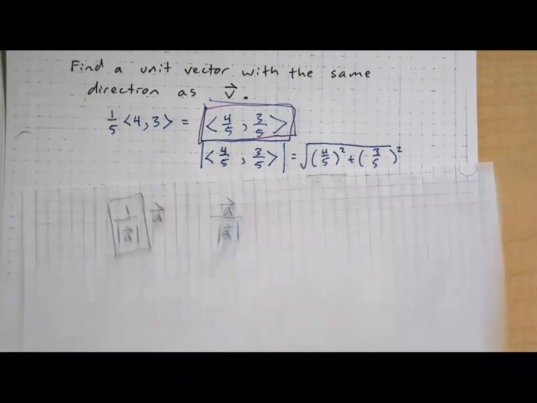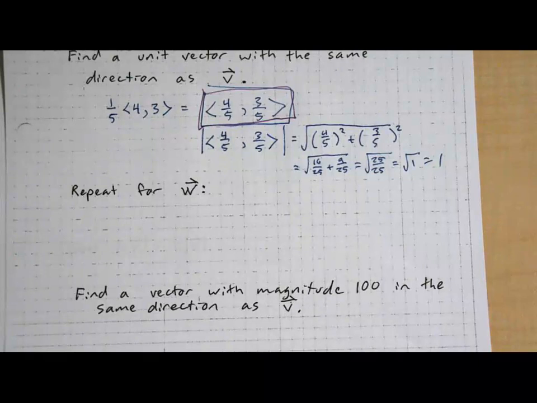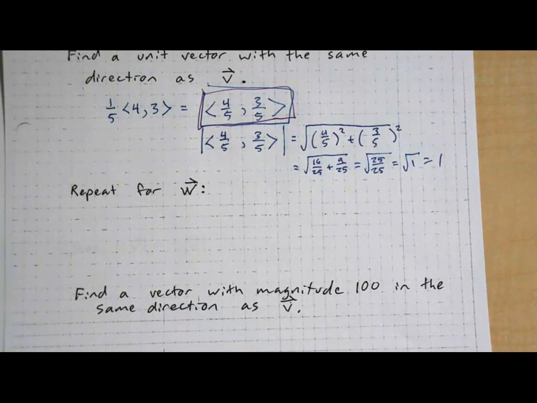All right? All right, here you go. Do this for W. You don't have to do the prove-to-yourself part, but find me a vector that's in the same direction as vector W, but is a unit vector.